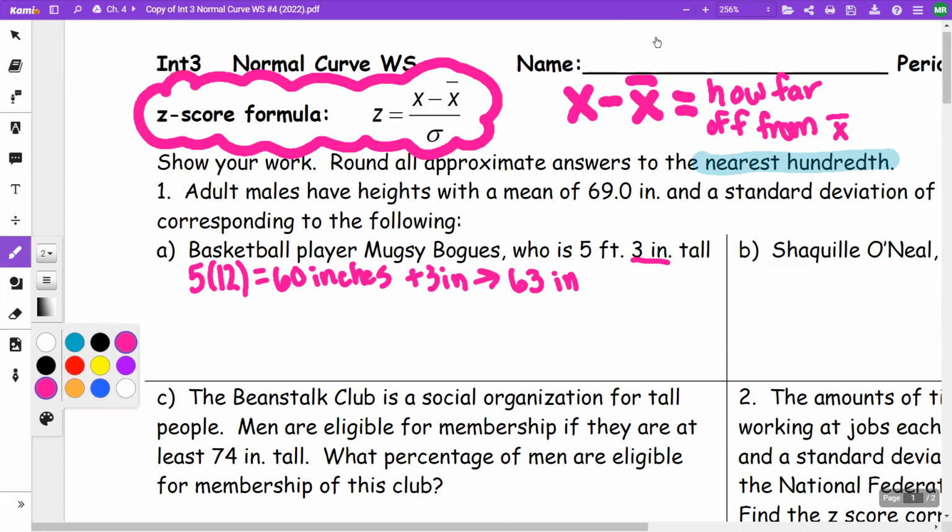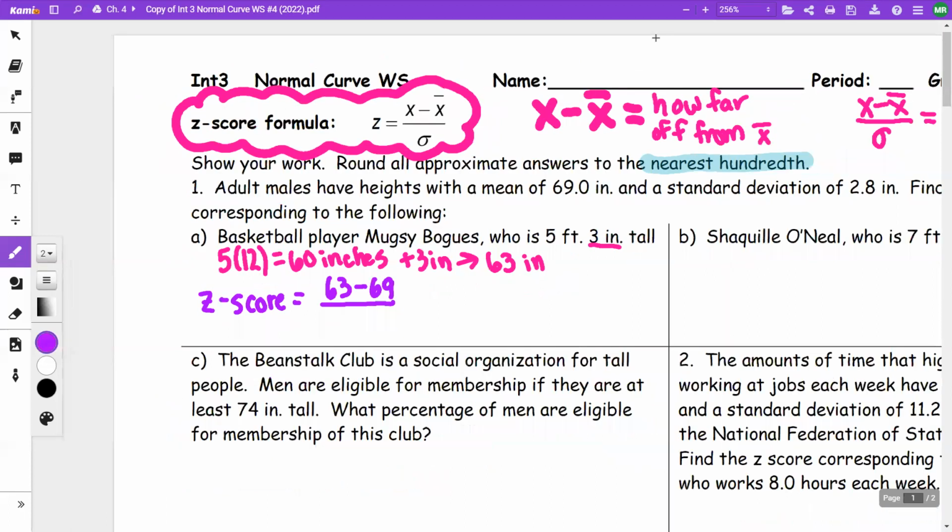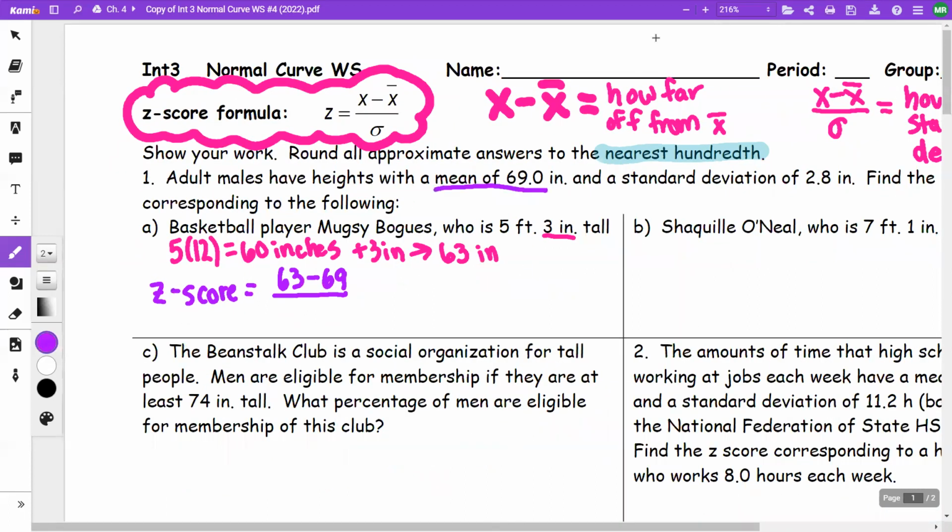Now, I want to find the z-score for this. So for the z-score, I'm going to take his height, which is 63 inches. I'm going to subtract the mean, and the mean was 69 inches. And I'm going to divide it by the standard deviation, which was 2.8 inches. Okay, and I'm going to work that out. Let me just do that on my calculator.